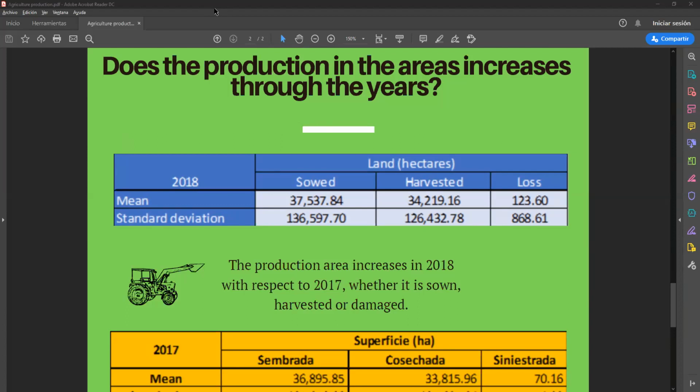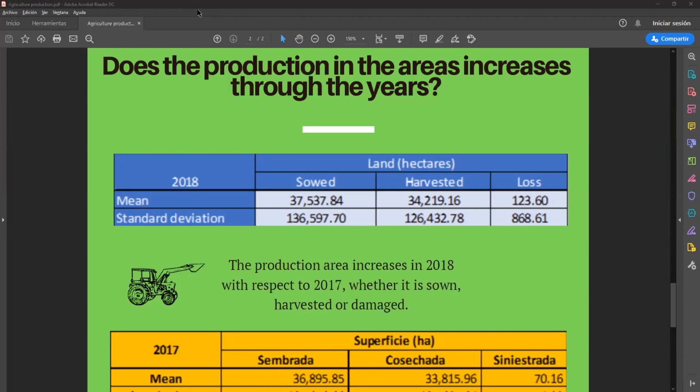The means of the production area from two different years were different. We want to determine if the production area increases in 2018 with respect to 2017.